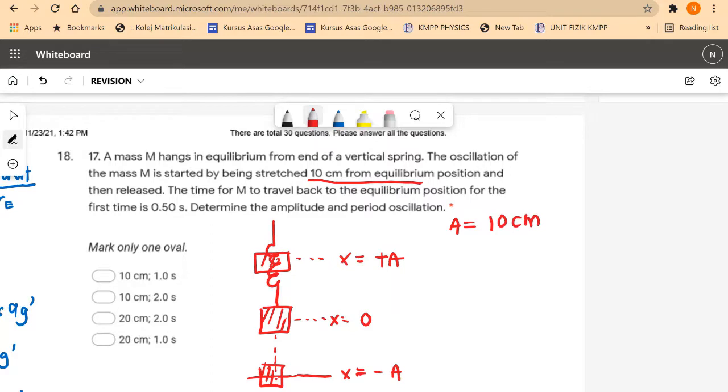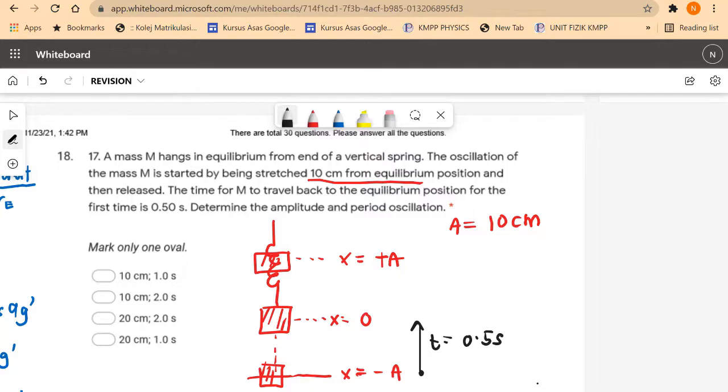Then, from equilibrium and then release, the time for M to travel back to the equilibrium position, that means time taken from this point to equilibrium position, is 0.5 second. So we can determine the period.